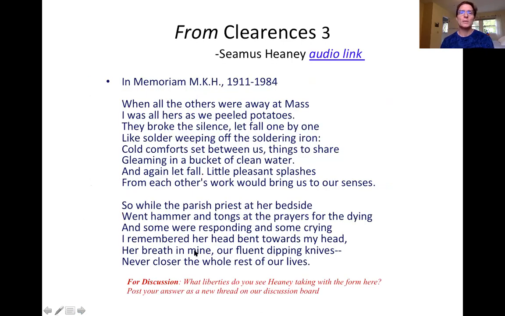Here's a great example of a very successful contemporary sonnet by Seamus Heaney. "When all the others were away at Mass, I was all hers as we peeled potatoes. They broke the silence, let fall one by one like solder weeping off the soldering iron.